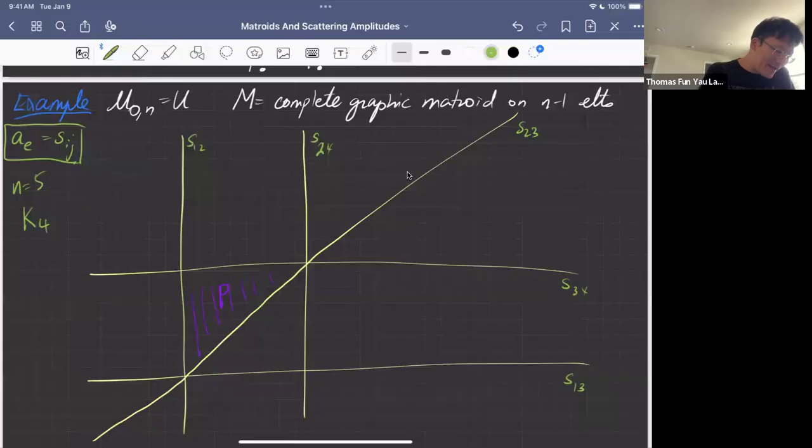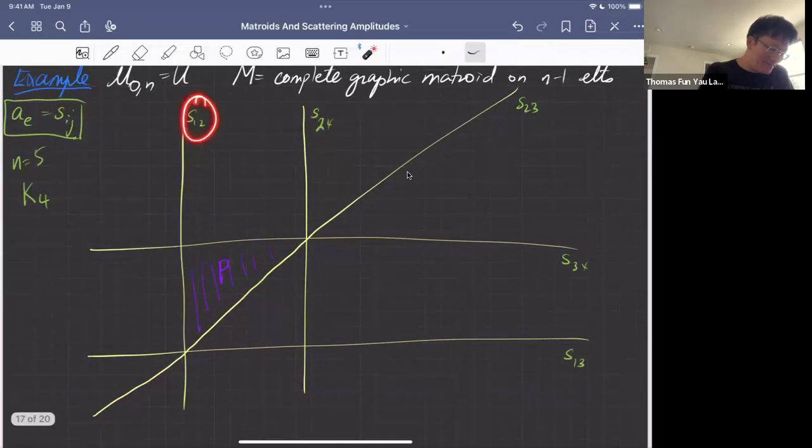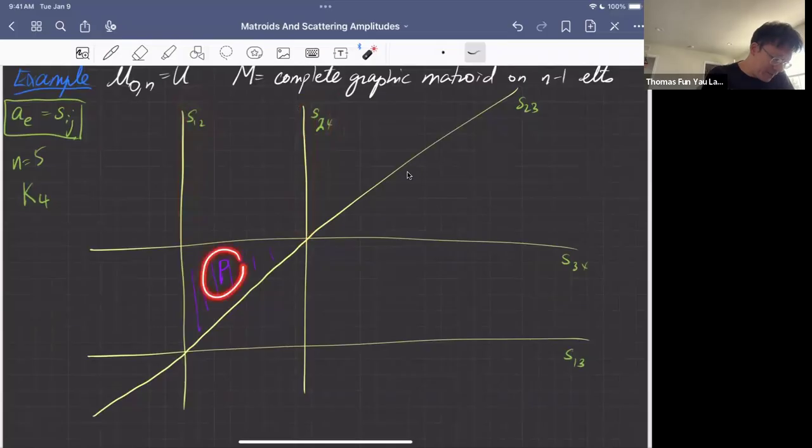I've now labeled the hyperplanes with the correct A. So A of this hyperplane is S12, A of this hyperplane is S24, and my tope is this P. This is going to be my input data to the problem.